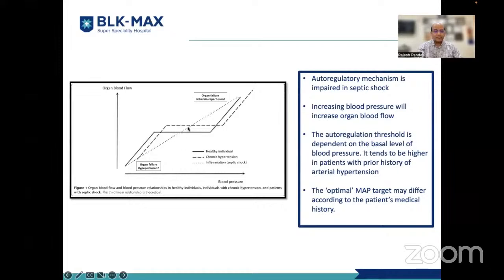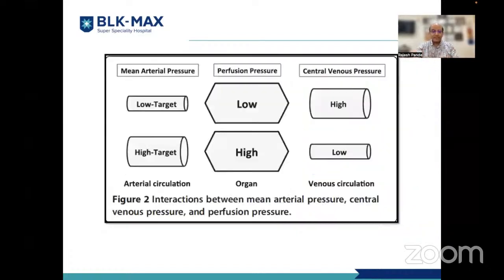As the MAP is rising, you can see that the organ blood flow is rising. There is no autoregulation here. So the autoregulatory mechanism is impaired in septic shock. Increased blood pressure will increase the organ blood flow. Another important thing is that autoregulation will depend on the basal level of blood pressure, which will be higher in patients who are hypertensive. So the optimal MAP target may differ, logically speaking, according to the patient's medical history. Generally, when we are targeting a high MAP, the perfusion pressure increases and the venous circulatory pressure reduces.